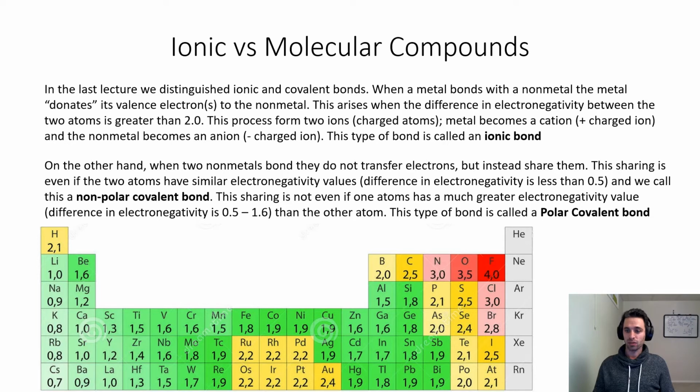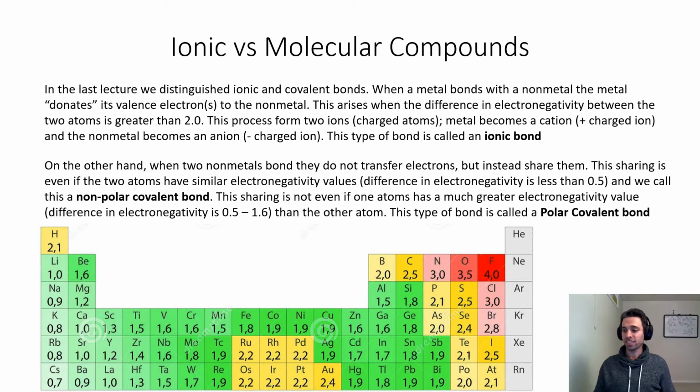For example, if I have the atom hydrogen bound to the atom chlorine for hydrochloric acid, hydrogen's electronegativity value is 2.1, chlorine's is 3.0. The difference between these two values is 0.9. Thus, this is called a polar covalent bond.